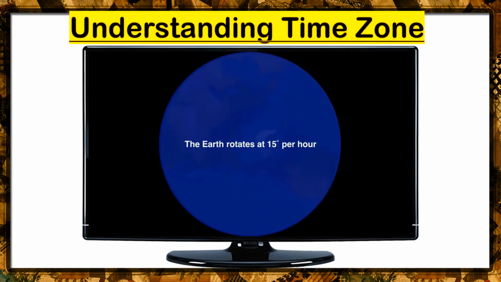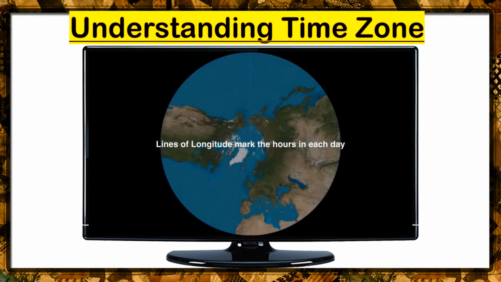If we then factor in that the Earth rotates 24 hours in a day, our total trip after one day is 360 degrees. To help us mark each hour, we use lines of longitude.